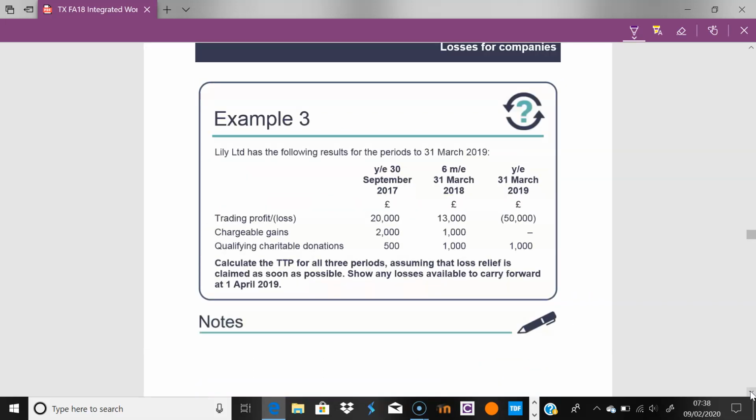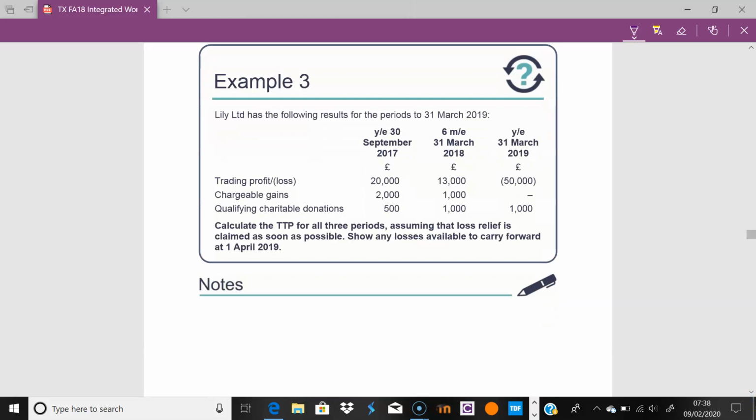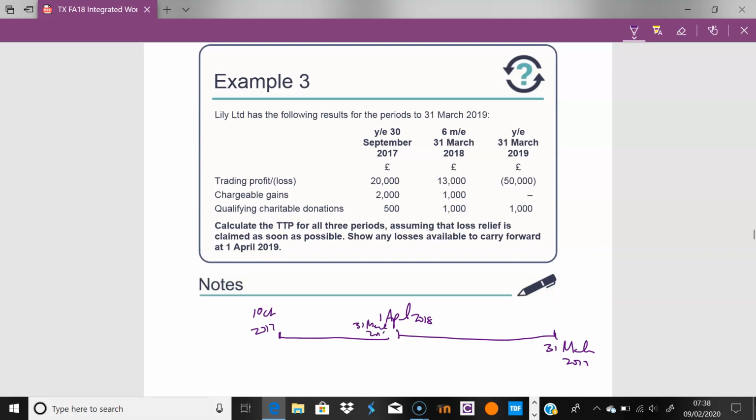But just for neatness, so you can understand what's really happening, I'm going to walk through this question very quickly. Drawing it out again, this business has gone from the 1st of April 2018 all the way to the 31st of March 2019. Here we have a 6-month scenario, the 1st of October 2017 to the 31st of March 2018.